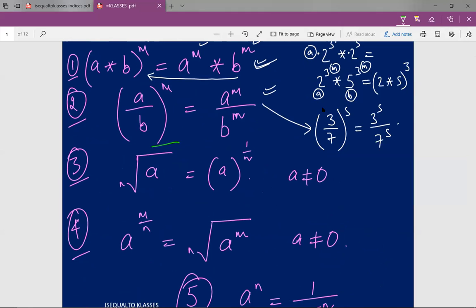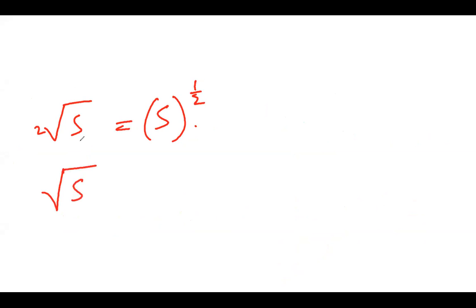So a to the root n, how do we understand this? Let us understand again with the help of examples. Usually when we see the root of 5, we understand that this is the square root, so this is written as 5 raised to power half. So you need to understand that there is an invisible 2. But if a small 4 is written here, what it means is 5 raised to power 1 upon 4.